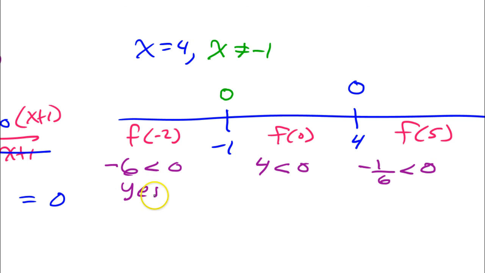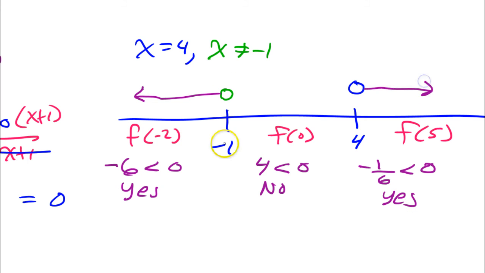So that's a yes, that's a no, and that's a yes. So the yeses show us where the solutions are. So our interval notation will be negative infinity to negative 1, union 4 to infinity.